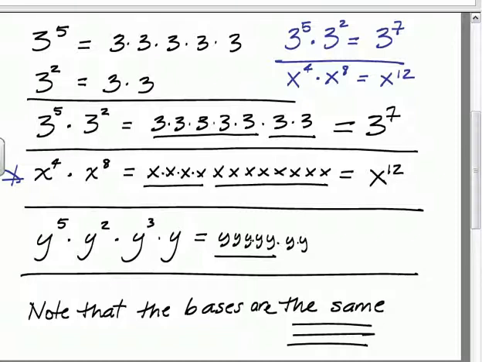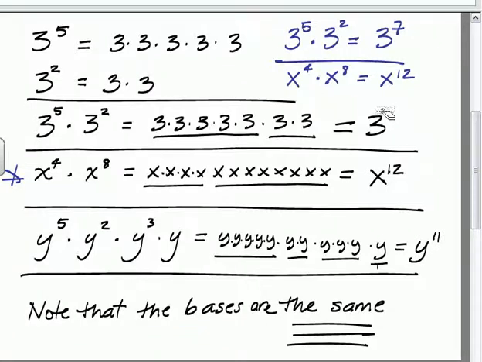So let me try to sneak some dots in there to indicate multiply. There's y squared, y cubed, 1, 2, 3, and then finally just that little y at the very end. And what do we have? We've got all of those y's being multiplied, but how many do we have? It looks like we have 11. So the short way to write that is y to the 11th.